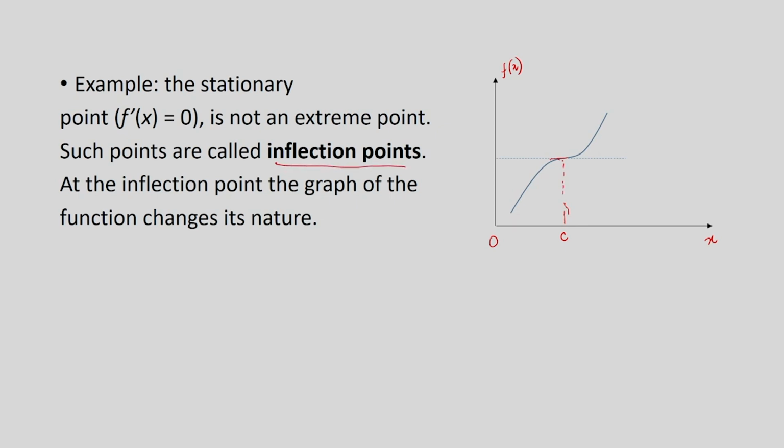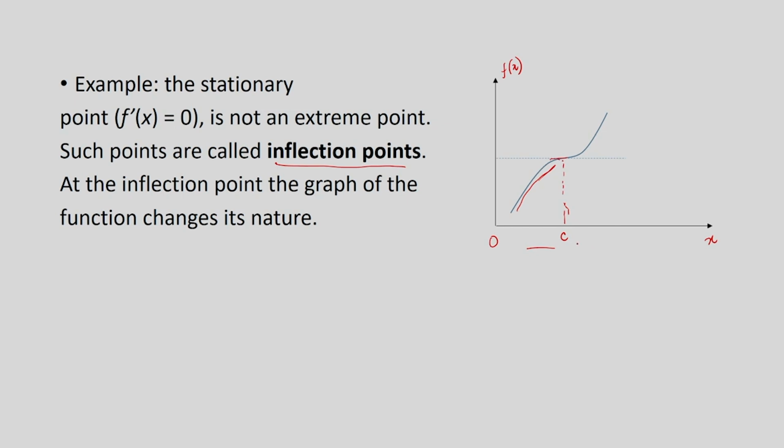The interesting thing about the inflection points is that at the inflection point, the graph of the function changes its nature. Here you can see that happening: before C is reached, that is to the left of C, the function was like this. It's kind of dome shape. It is rising, but then it is sort of tapering off as it is going up.